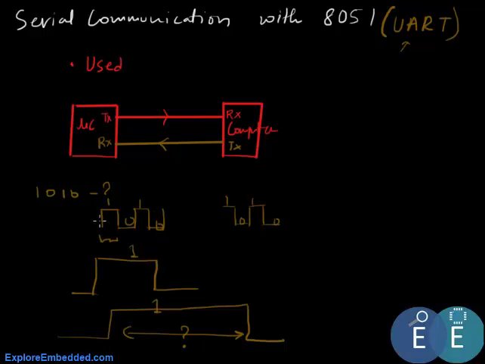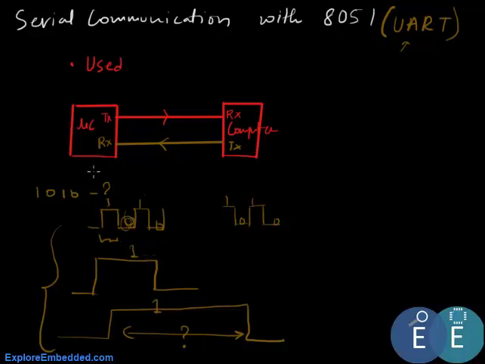This is an essential question. In asynchronous communication, since there is no clock which synchronizes transmit and receive, we need something else to tell both the devices what is the duration of a 1 or a 0 that we transmit.